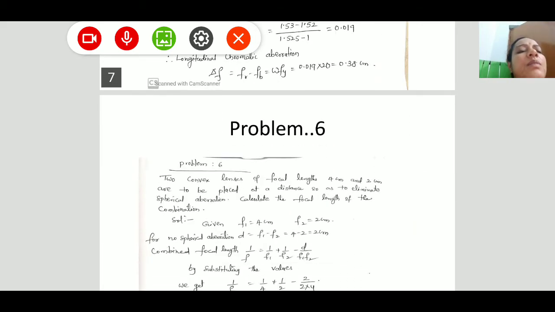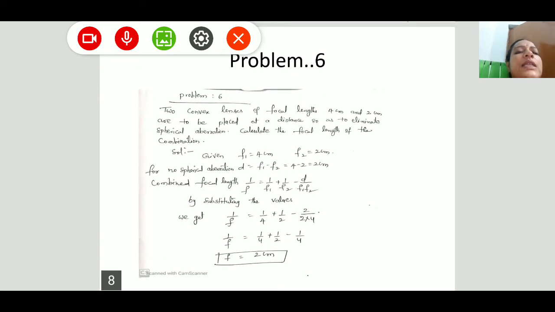Next, take another problem. Two convex lenses of focal lengths 4 centimeters and 2 centimeters are to be placed at a distance so as to eliminate spherical aberration.